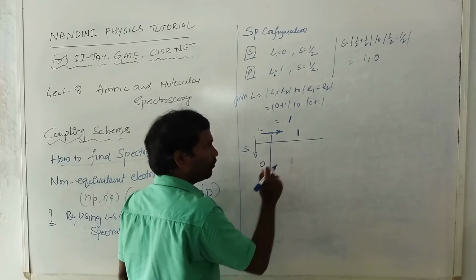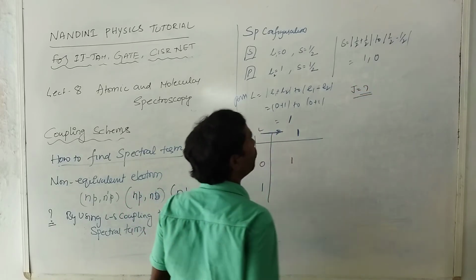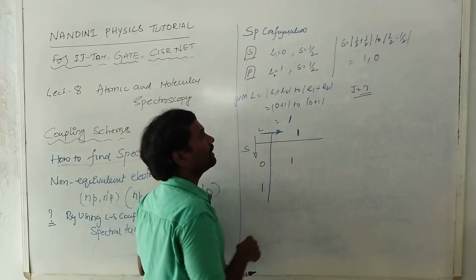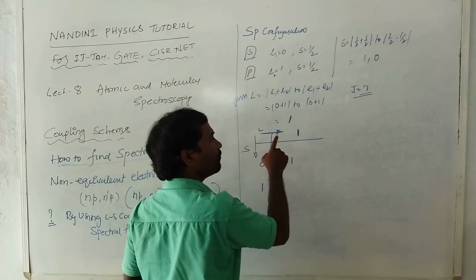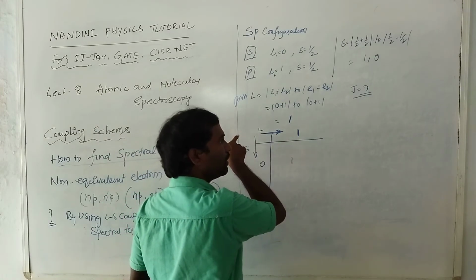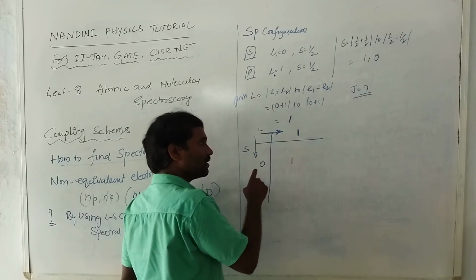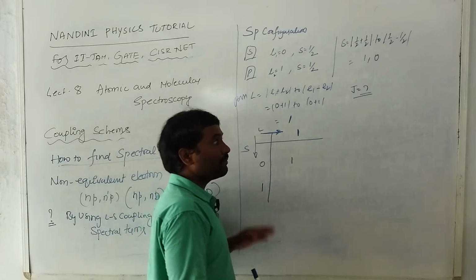But I want to find out the total angular momentum by using this equation. For non-equivalent electrons, you can use this tabular form. Using this formula, you write the L values in this direction and the S values in this direction. S always takes from low to high, and P always takes from high to low.